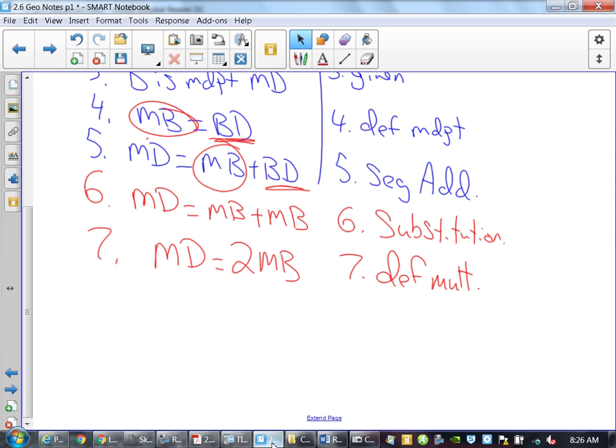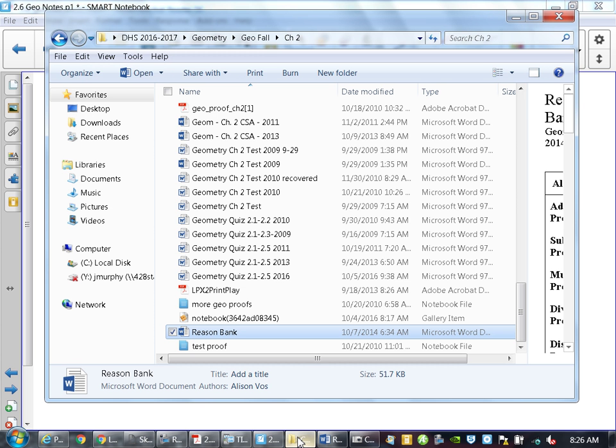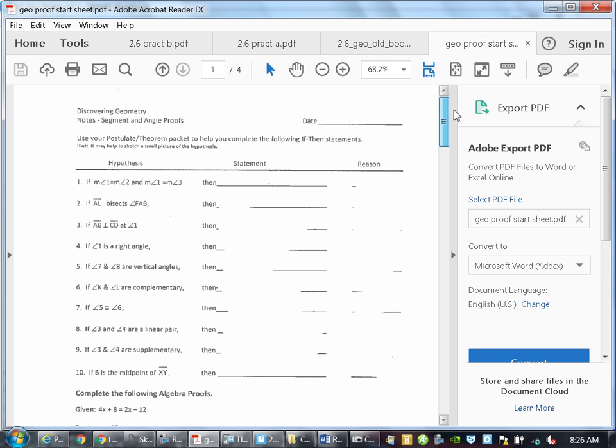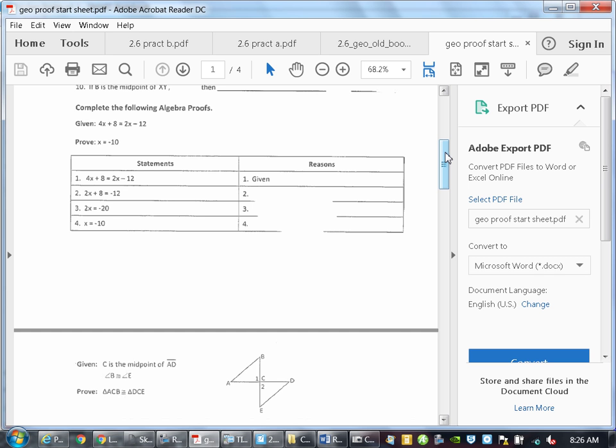On this one here, I'd like to work through these few proofs over the course of the next few days. What I'd like you guys to do, I apologize that I didn't do a good job, I forgot to number them. I'd like you guys to start with the algebra proof on the first page.